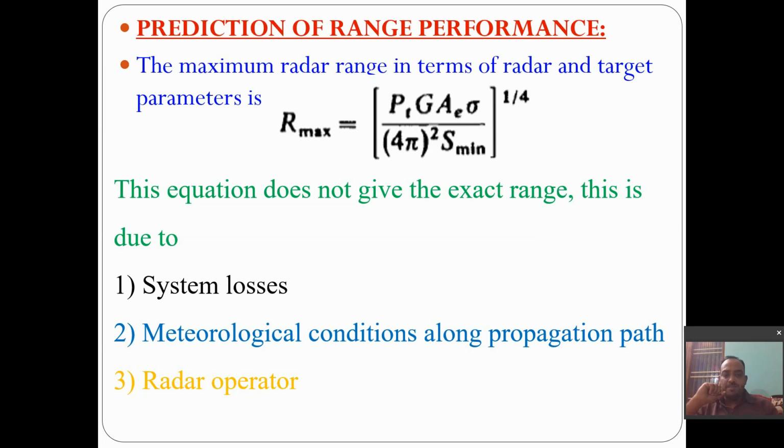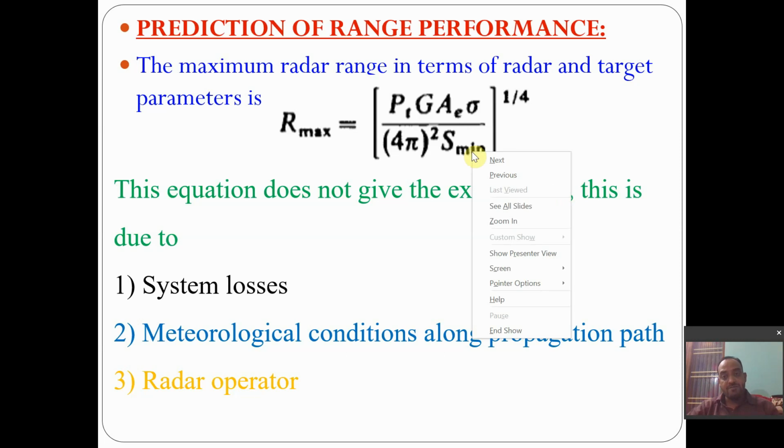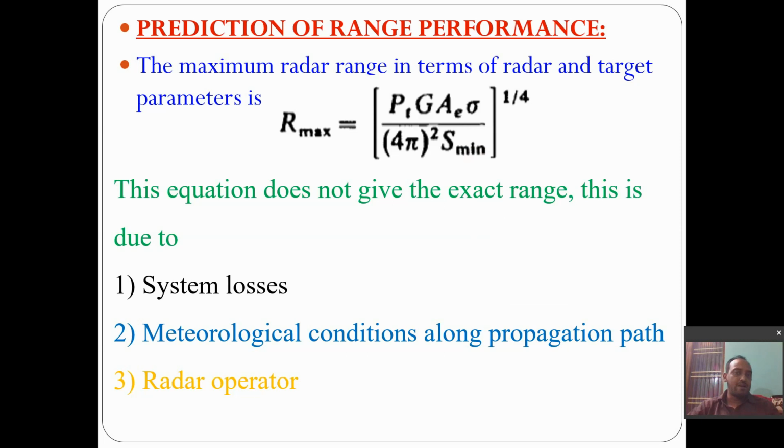Another point is meteorological conditions along the propagation path. If the radar is used in a laboratory environment, then its performance will be very good. Normally, we never use radar in laboratory conditions.